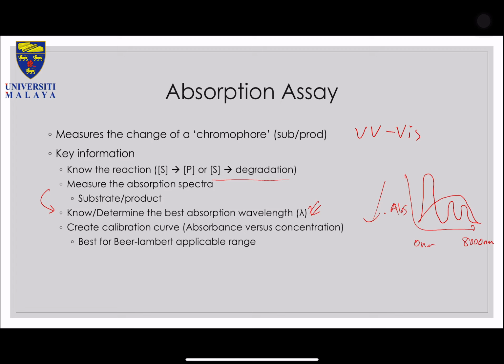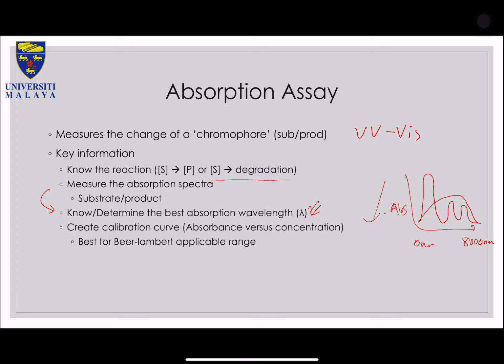And then once you know this, you will select a wavelength that is specific, or at least more specific, towards one of the two. One of the two meaning either the substrate or the product. As best as possible, you don't want to measure the concentration of the enzyme.